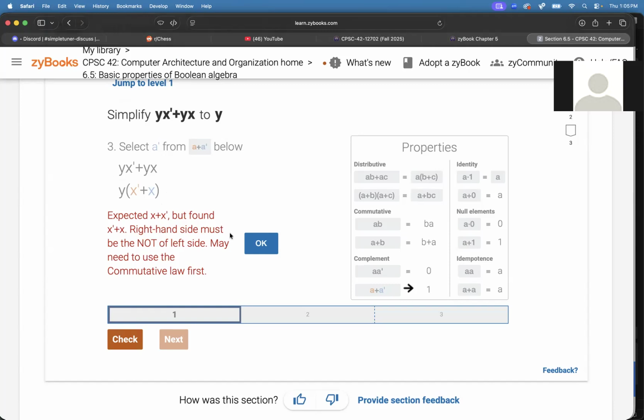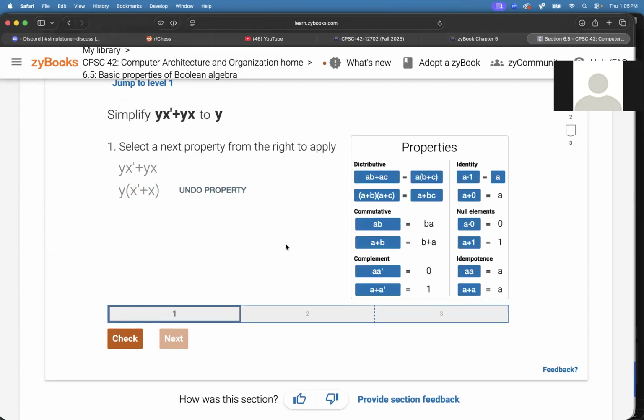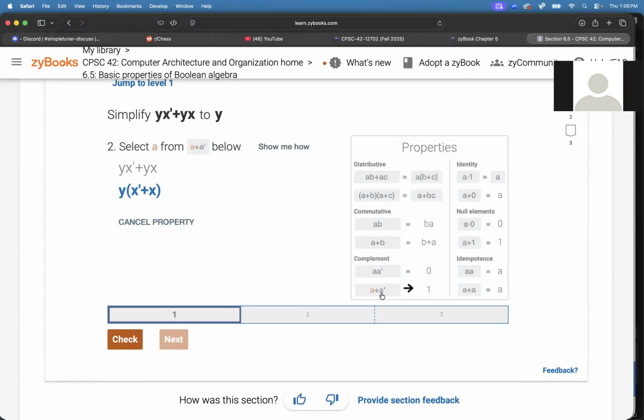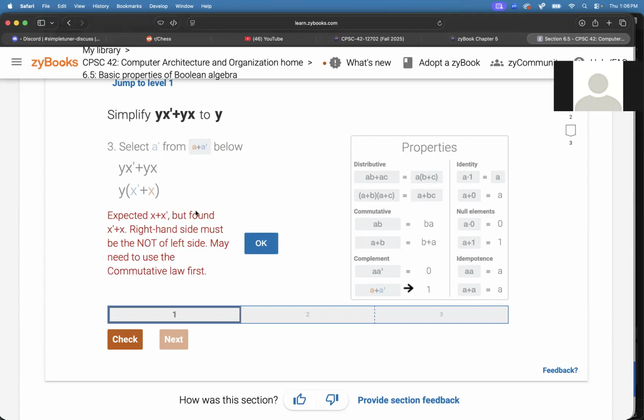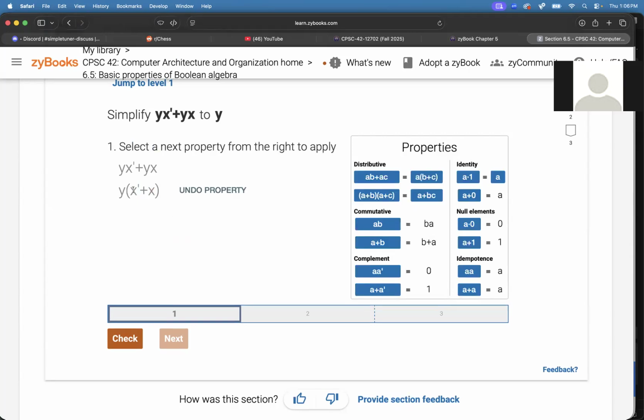Are they really going to make us do that? I'm going to try it again. We'll do the commutative law if we absolutely have to, but select A. Try that. Select not A. That. Okay, so they're really telling us that this is not X or X, but with the not on the left instead of the right. They're really telling us we have to flip it around the other way.